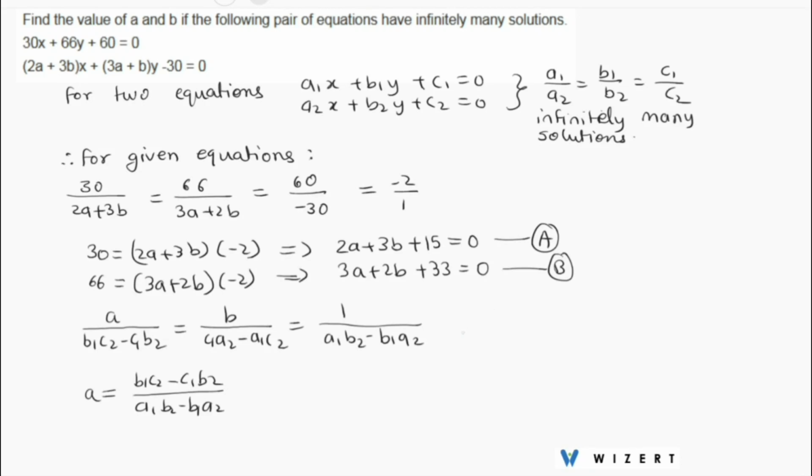So we get, from C, this. So that is equal to 3 multiplied by 33 minus 15 multiplied by 2 divided by a1 b2, which means 2 multiplied by 2 minus 3 multiplied by 3, which is equal to, we can take 3 out common from both terms in numerator.